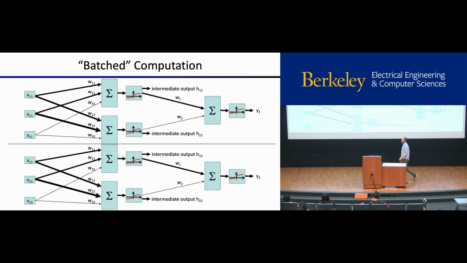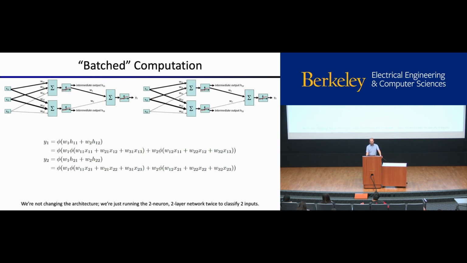And if we tried to do these at the same time, or write this computation in a simplified way, we'd end up with a nice matrix vector form. So here it is if you just write it all out without any matrices. This is the form of Y1, this is the form of Y2, basically the same, but we're just changing some of these X11s to X12s, X21s to X22s, X31s to X32s, and otherwise these are the same. Let's see, there is an example. That looks wrong.